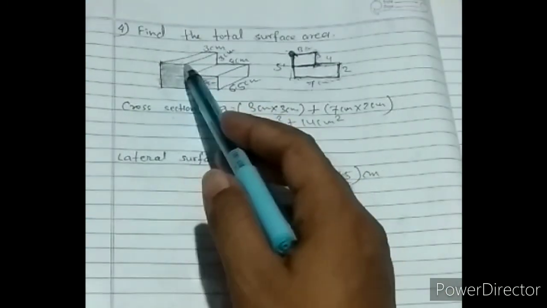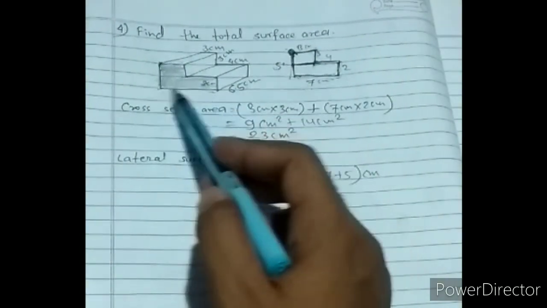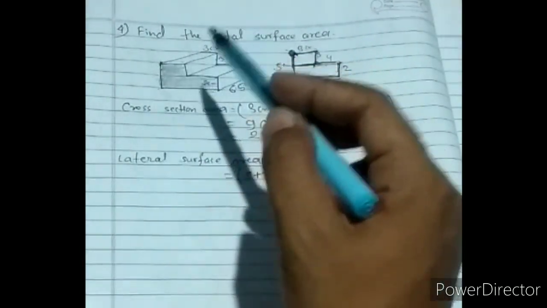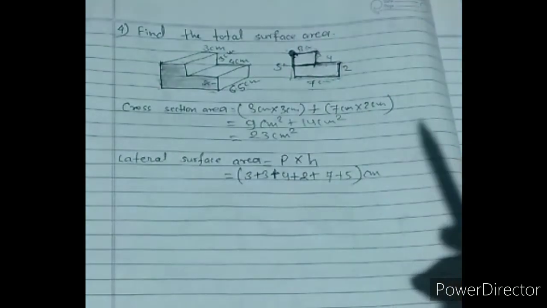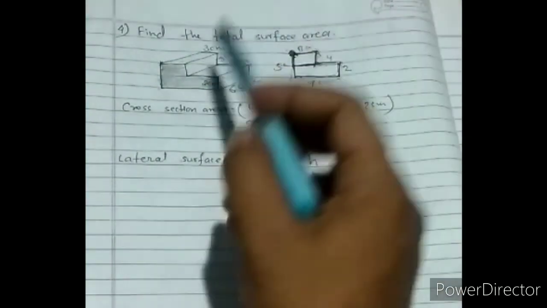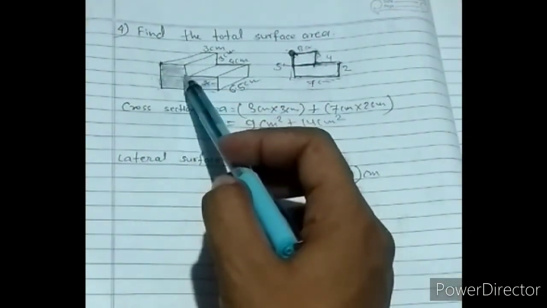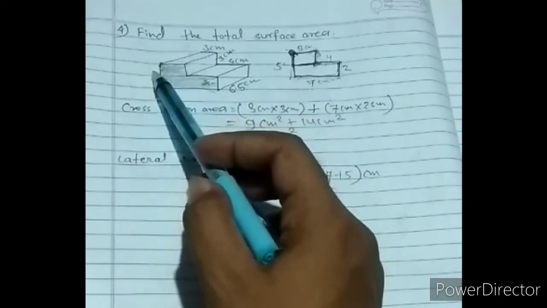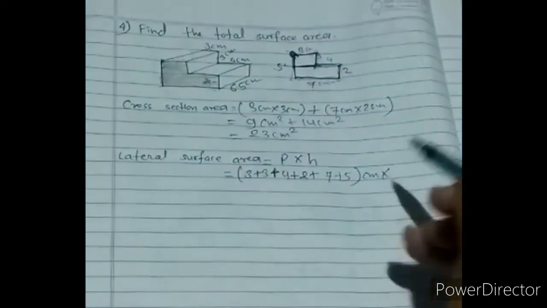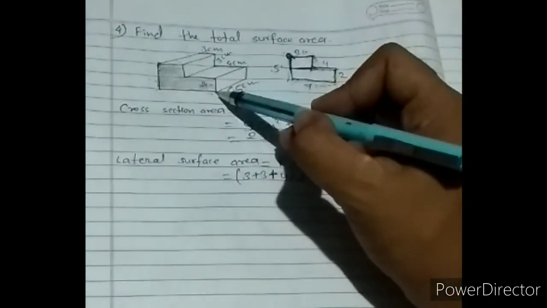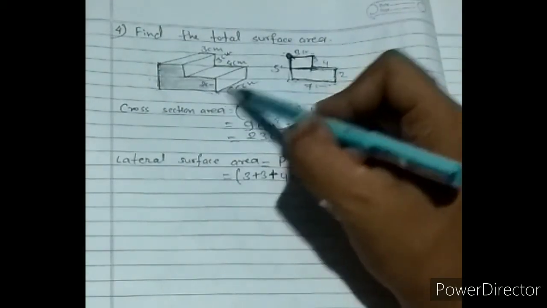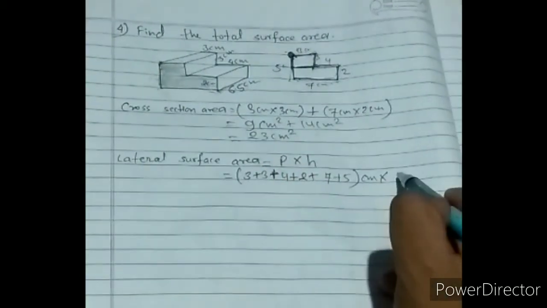Centimeter. We have to add all sides. So we have to know all the sides to find lateral surface area. Though it is not given, we can find this 3 and this 2, 5. Into height. Height means, I already told you, the length between these two L shape is 6.5.